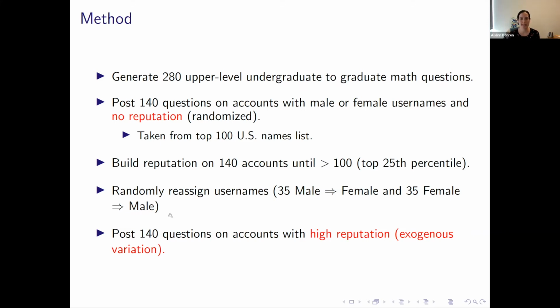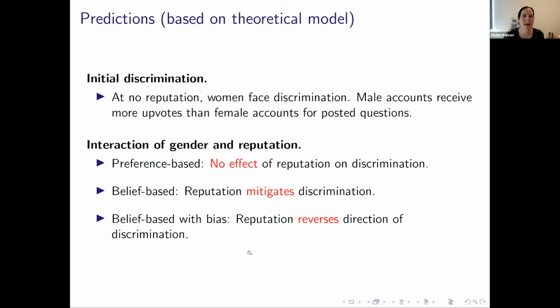And essentially what that did is that it randomly assigned reputation to accounts with male and female usernames. And so this is going to give us an exogenous variation in reputation that we can use to causally identify the impact of gender on the evaluation at those high reputation accounts. We again posted 140 questions on the accounts with high reputation and looked at discrimination there as well. All right, so what are our predictions? We have a theory model in the paper.